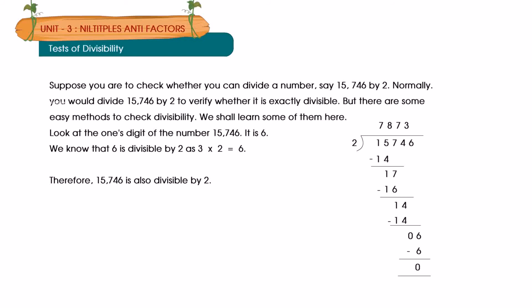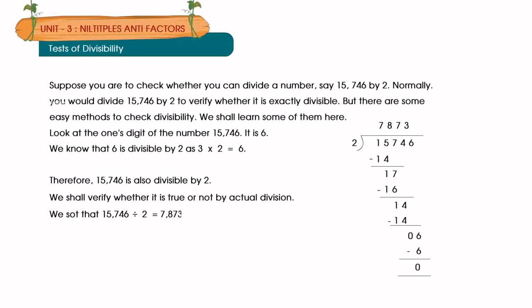We shall verify whether it is true or not by actual division. We see that 15,746 divided by 2 is equal to 7,873 with no remainder. Hence, 15,746 is exactly divisible by 2.